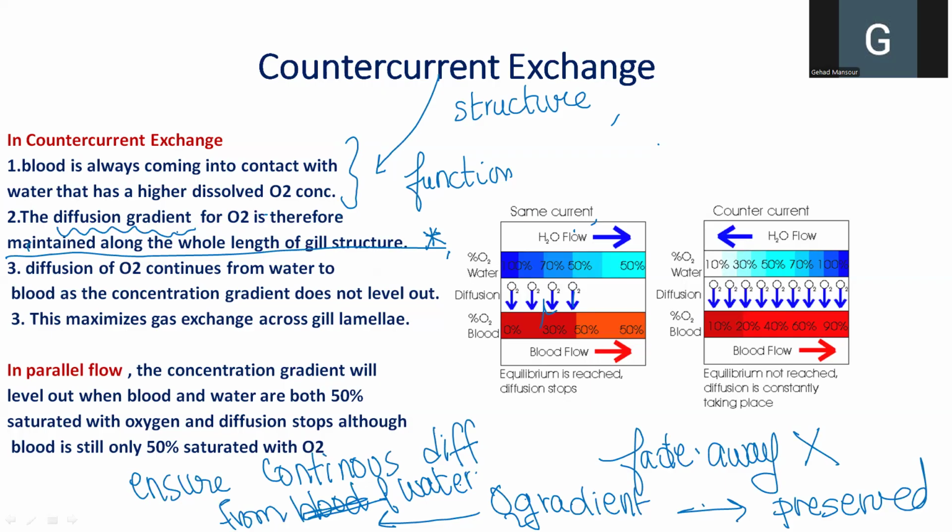But on the other hand, if you had a parallel flow instead, the other type of flow where you don't have a countercurrent exchange, this is a bit confusing because we've just said that in a countercurrent exchange, the two vessels are parallel to each other.